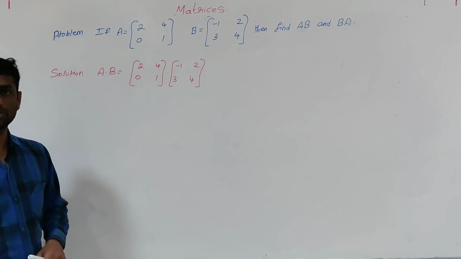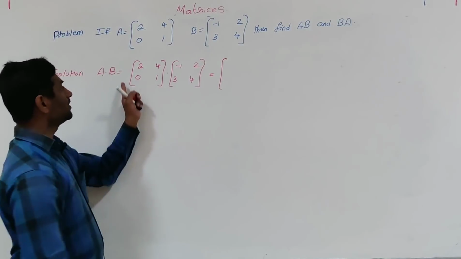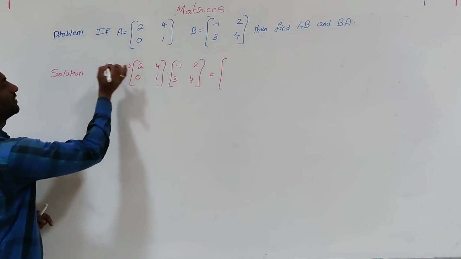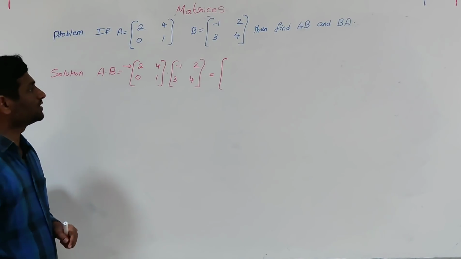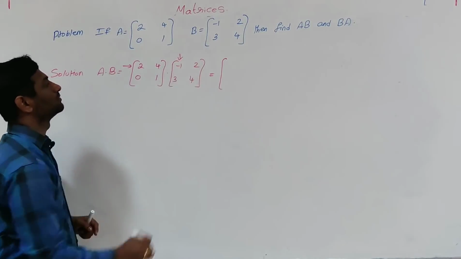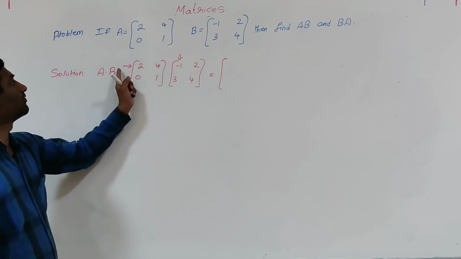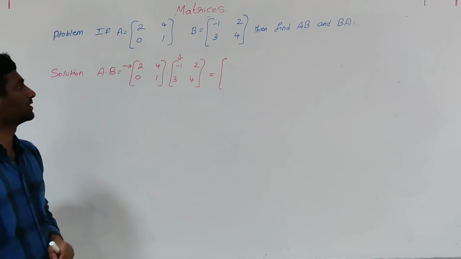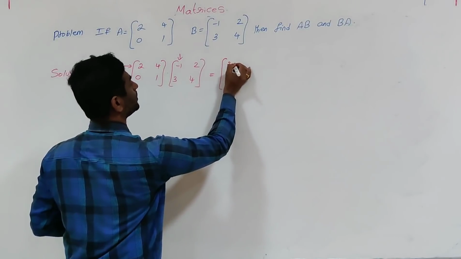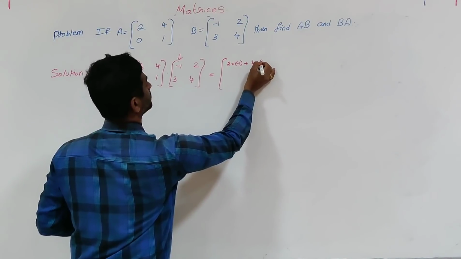Let's see what the result will be. The sum of the products of the first row with the first column elements of matrix B: let me write 2 into -1 plus 4 into 3.